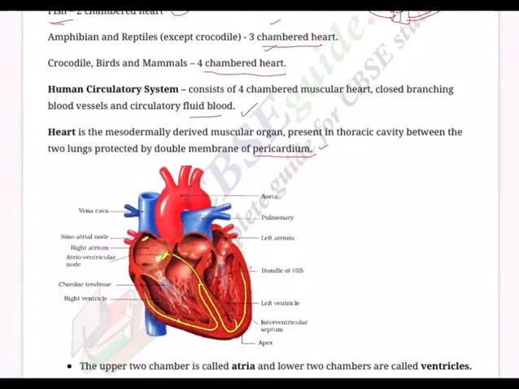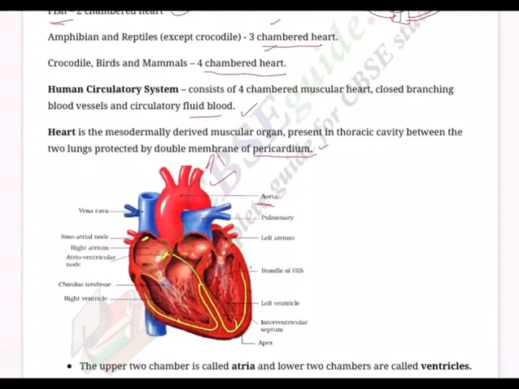And as I said, it has basically 4 rooms, as you are seeing here, auricles 2 and ventricles 2. So totally 4 rooms are there. And the biggest artery in our body is called the aorta. This aorta carries pure blood, or oxygenated blood.